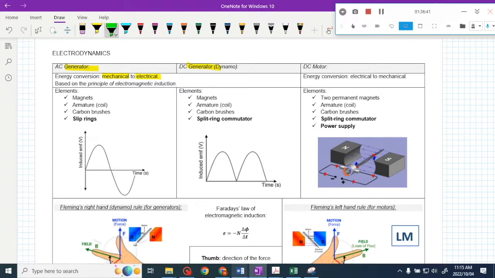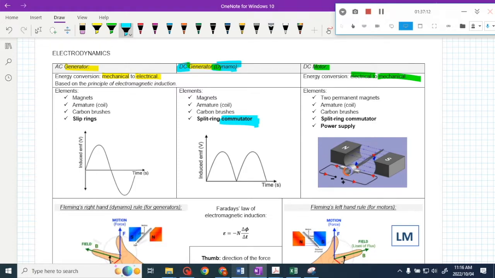A motor takes electrical energy and changes it to mechanical energy. Think of a fan. It has a motor. We give it the electricity and it provides the rotation. That's the motor. You must learn your elements, but when we were marking the trial exams, they emphasized that for your DC generator, also known as a dynamo, by the way, you must refer to the commutator. So don't just say the split rings, refer to the split ring commutator.